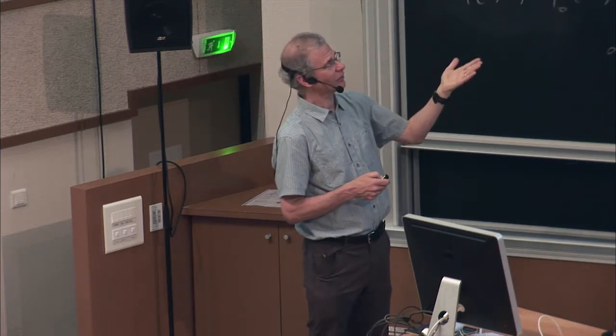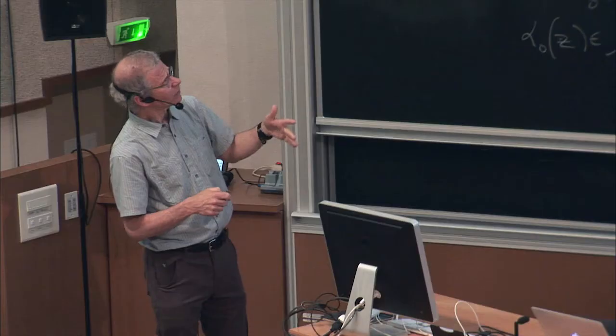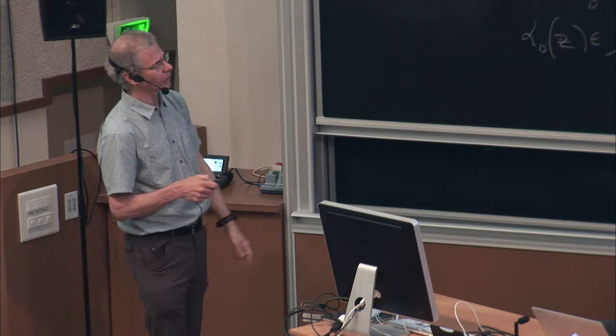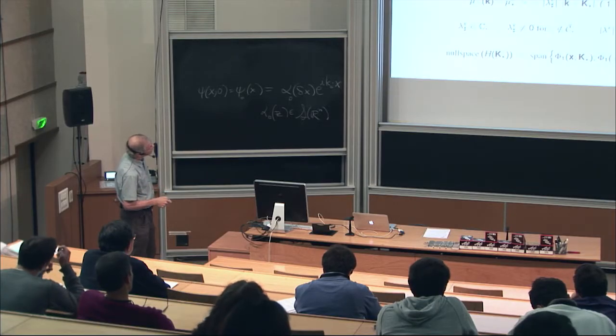If we're outside of this set, then we have Dirac points for minus Laplacian plus epsilon V. Think of this as a discrete set of points going off to infinity with possible accumulation at it. And we believe we can actually replace this set C tilde just by a discrete set with only accumulation at infinity with a more refined analysis.